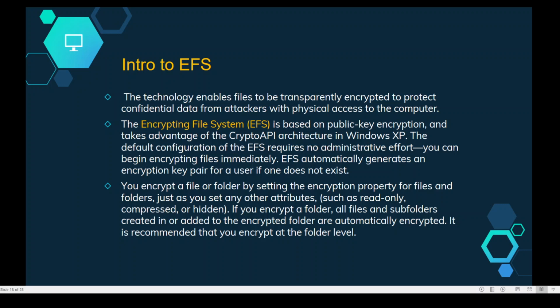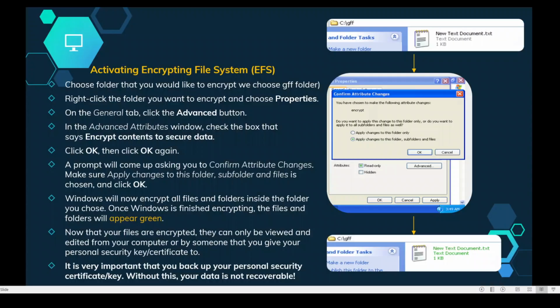And how do you do that? When you are encrypting a folder, it encrypts all the subdirectories and subfolders of files in it, and you can encrypt a folder by right clicking on it, going to the properties, the advanced button, and clicking on encrypt contents to secure data. You can see that initially the file in our GFF folder, the new text document, was blank.